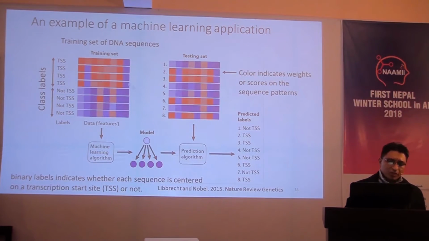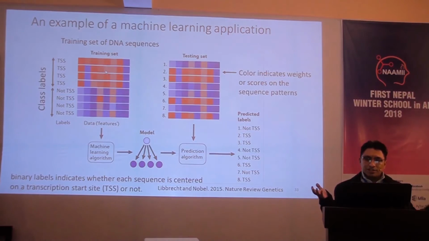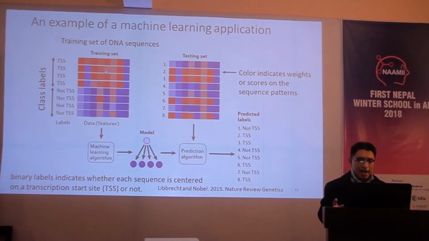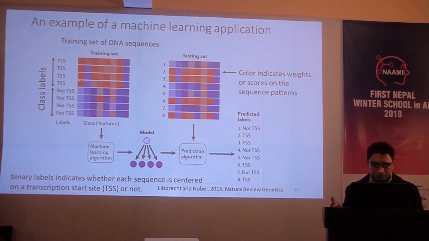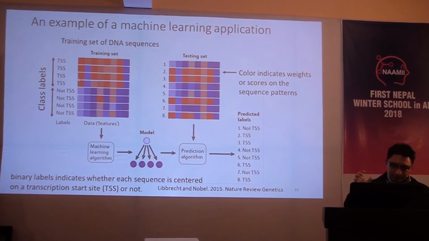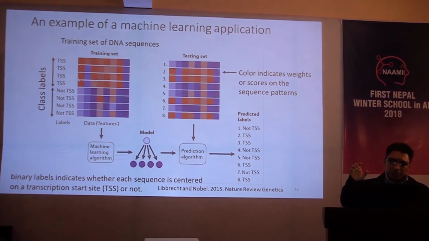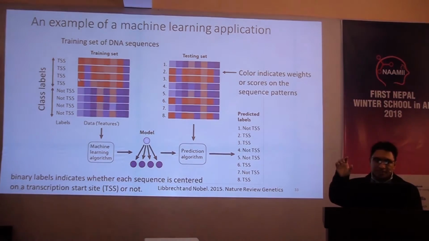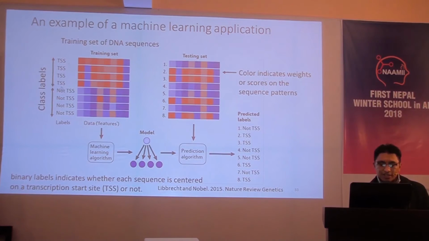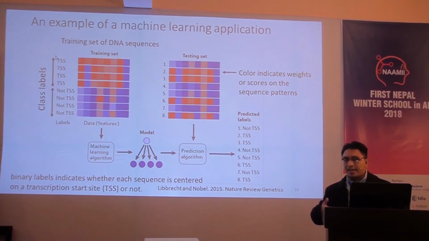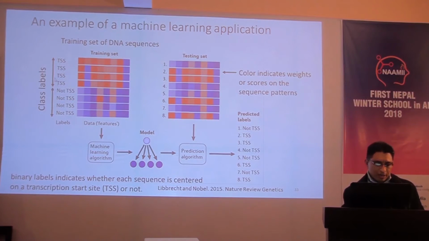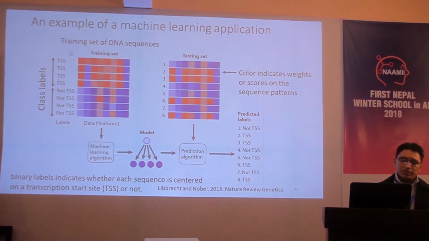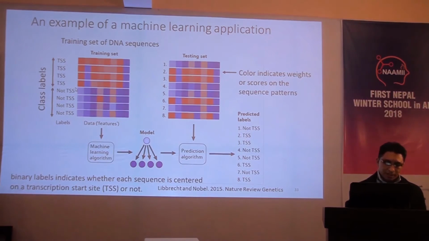So for that, you can gather some chunks of sequences, and you can train on the data from where the sequence is aligned to the transcription start site. Some of the transcription start sites are known from, say, experimental approaches. And then you can give a class label: some have transcription start sites, some are not centered around a transcription start site.